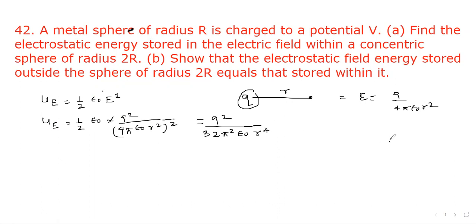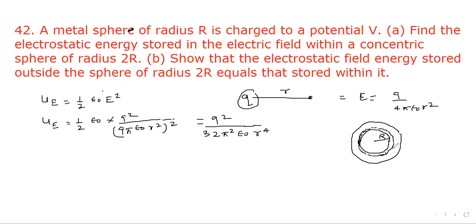Now we consider a sphere. This is sphere of radius R, and this is sphere of radius 2r. Now we consider a thin layer of thickness dr here, and we try to find out its volume.